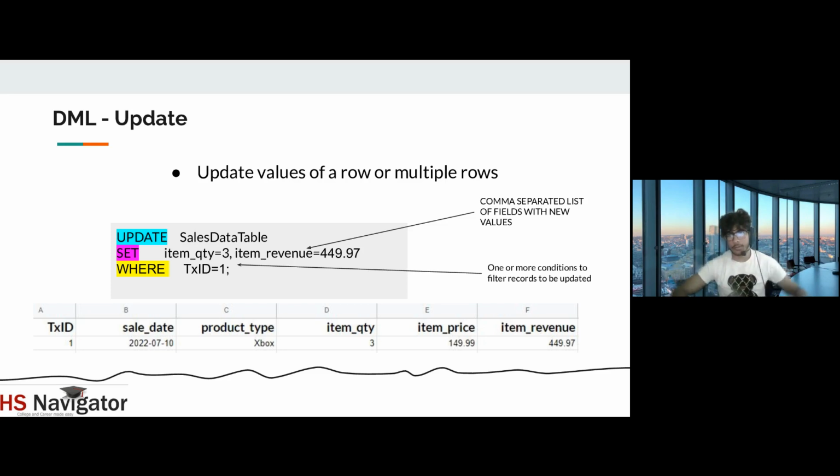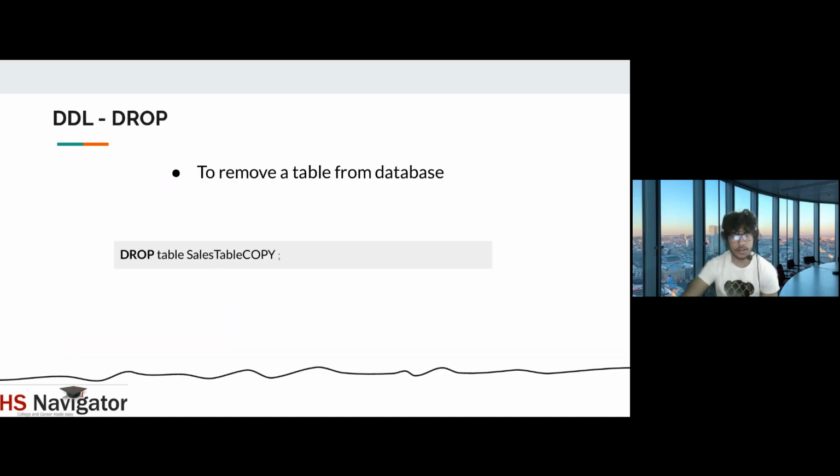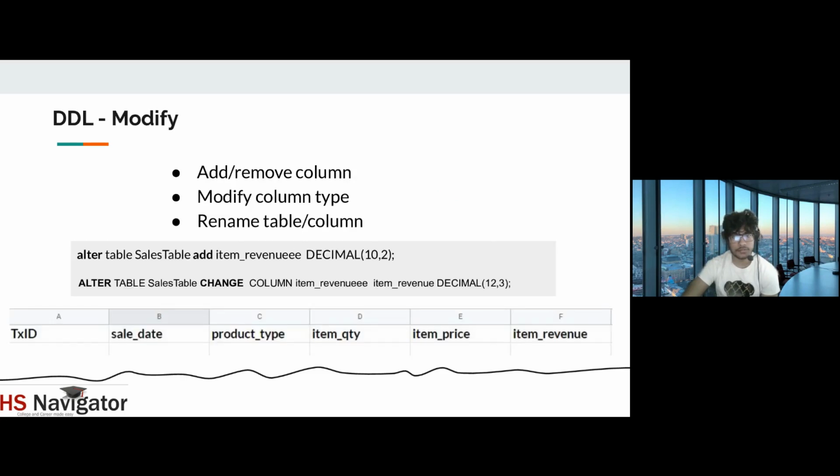Okay, I also got a question in a private chat, and the person asked what decimal parentheses 10 comma 2 meant. So I'll go back to that slide real quick. For example here, decimal 10 comma 2. Decimal was our data type, and we're specifying a specific size for the decimal.